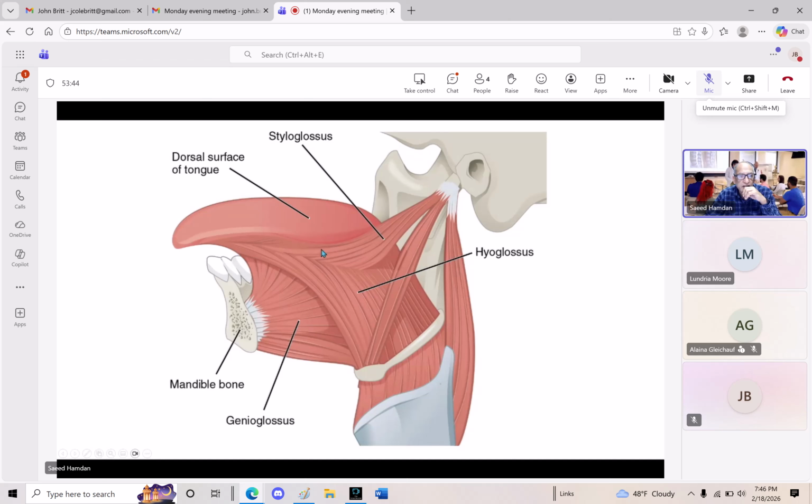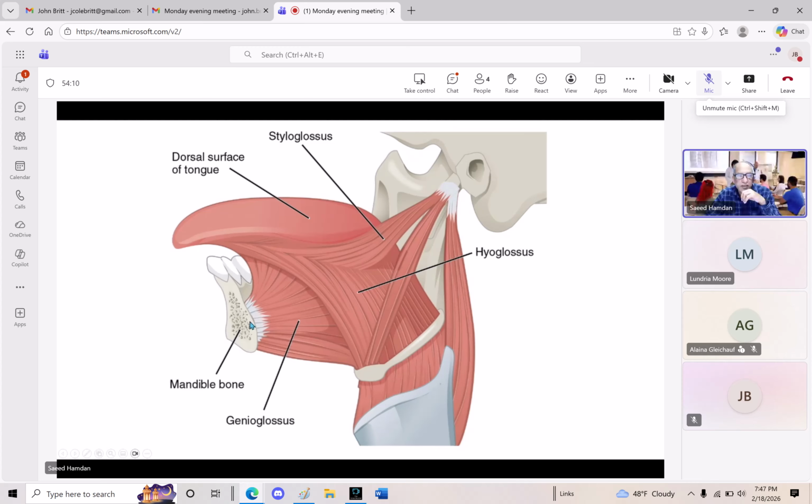Hyoglossus from the hyoid bone to the tongue. Then genioglossus, this is the one that comes from the genial tubercle of the mandible, which is right there, to the tongue.